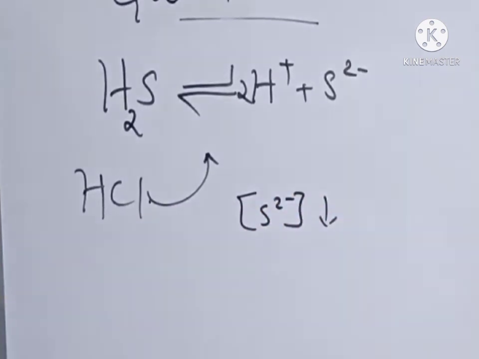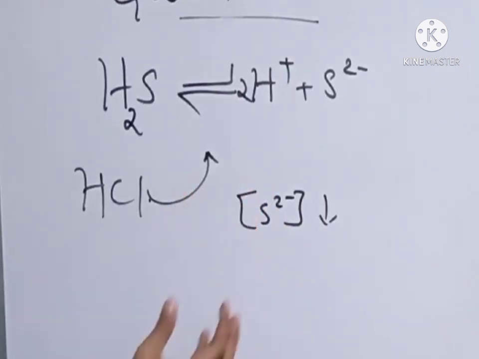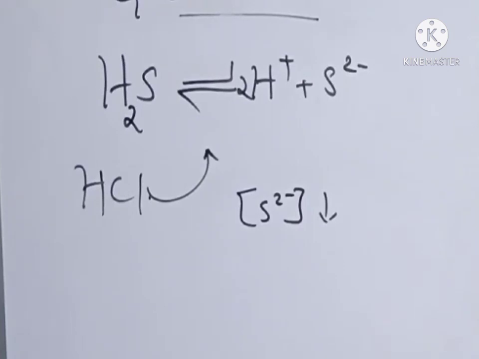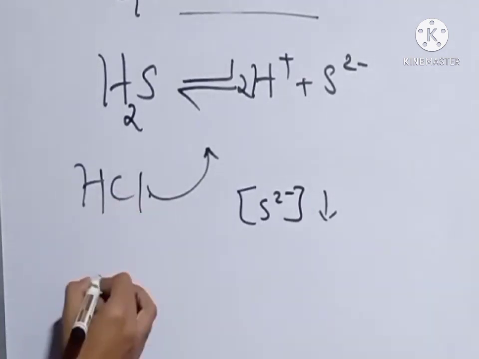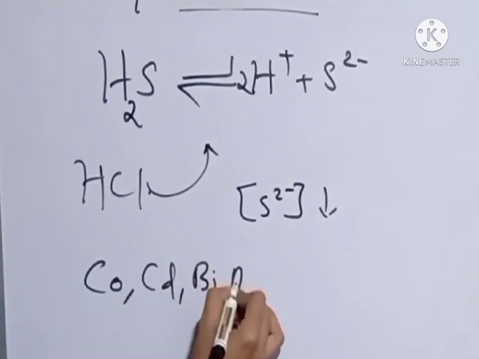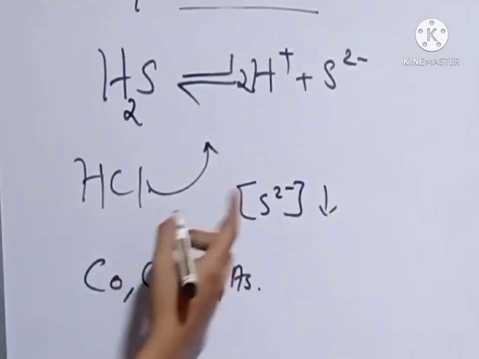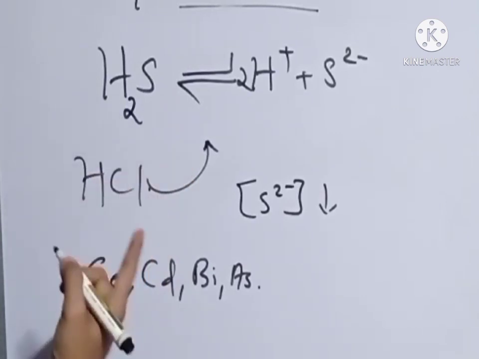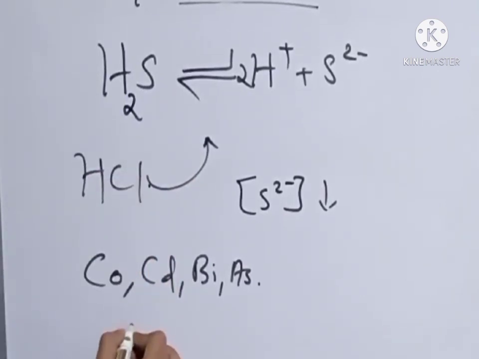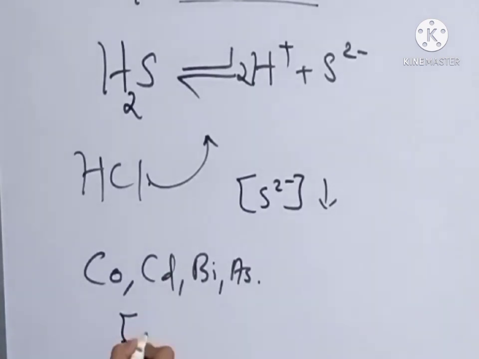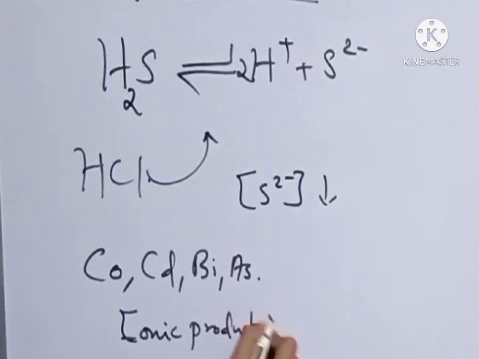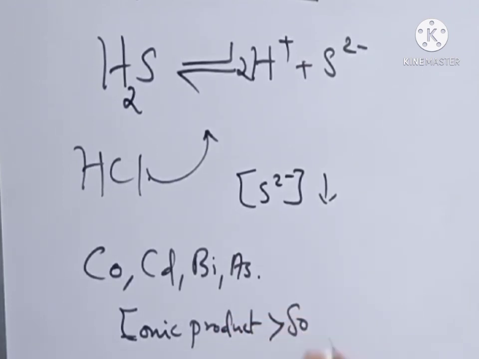For some metals, even a small concentration of sulfide ions is enough to precipitate. For example, for copper, cadmium, bismuth, and arsenic, the sulfide ions present here are enough. That is, here the ionic product exceeds the solubility product.